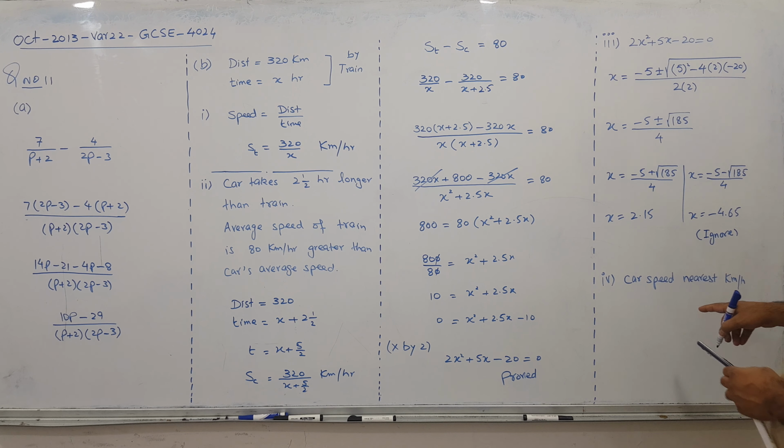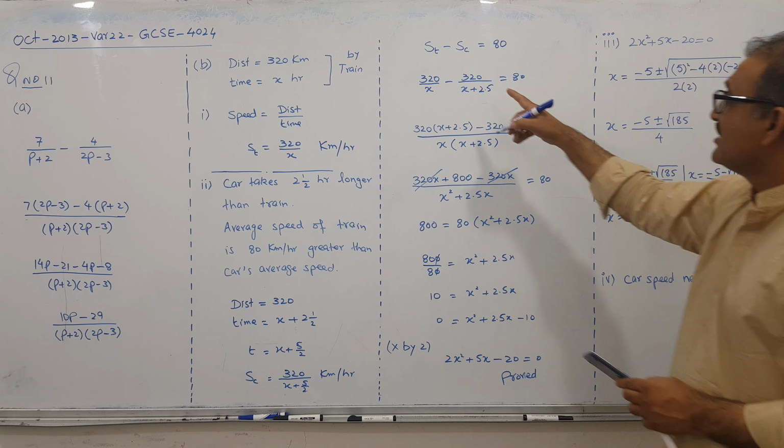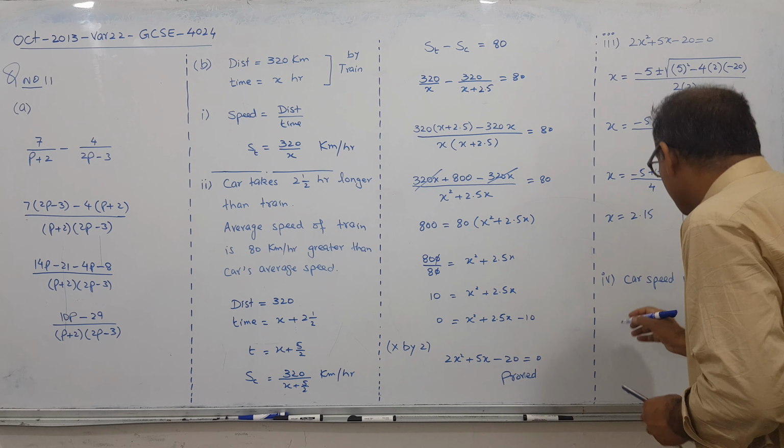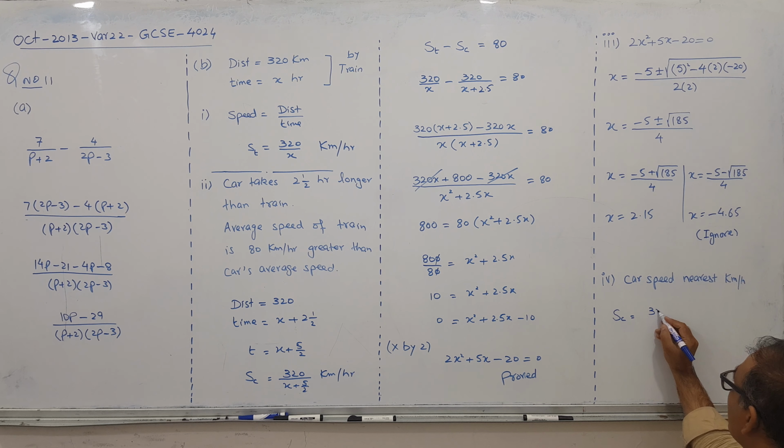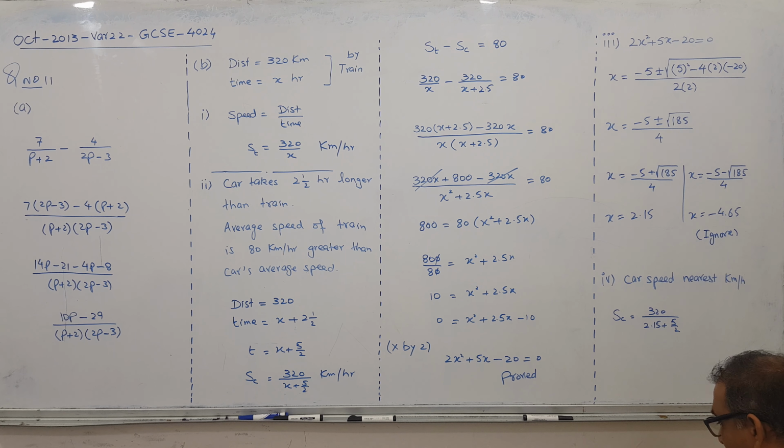So he's asking for car speed. The car speed is, you can see, this is the car speed. So speed of car, I can say 320 divided by x, which is 2.15 plus 5 by 2. So it's a matter of just typing: 320 divided by 2.15 plus 5 divided by 2, and we got the answer 68.8 kilometers per hour.